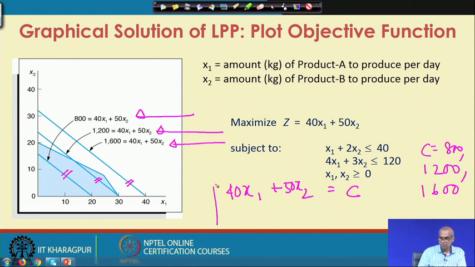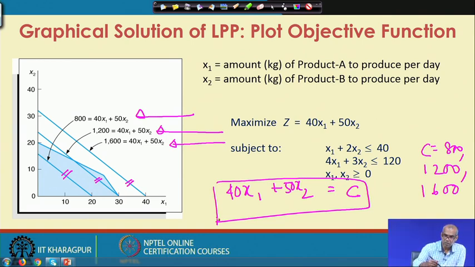Note that with different values of c, this equation 40x1 plus 50x2 equal to c will lead to parallel lines. So, we get the objective functions as parallel lines, and we are trying to maximize the objective function. So, of course, we will choose that straight line among all the parallel lines which gives me the highest value for the objective function.